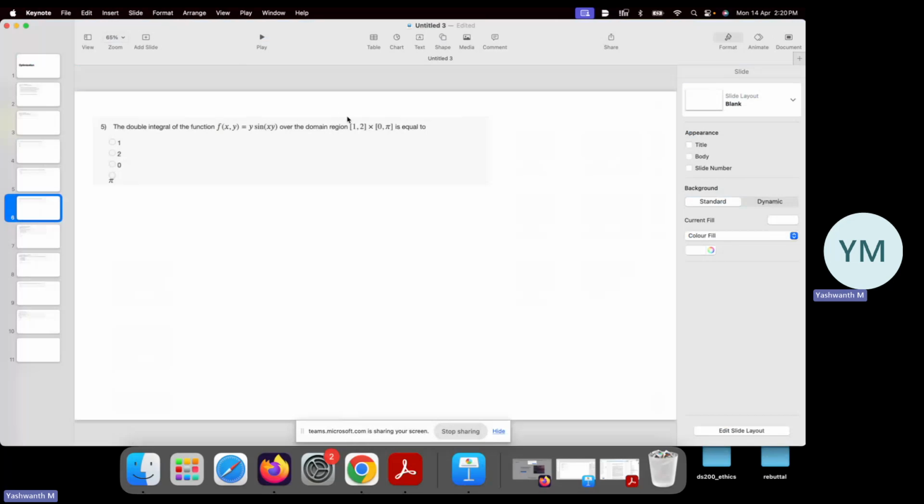So the function is sin of xy, y is 1 to 2, x from 0 to pi.